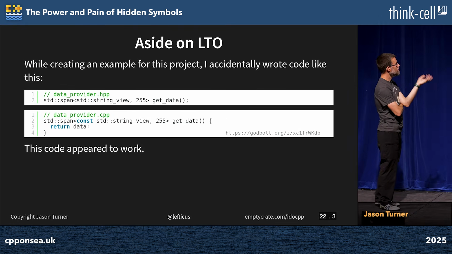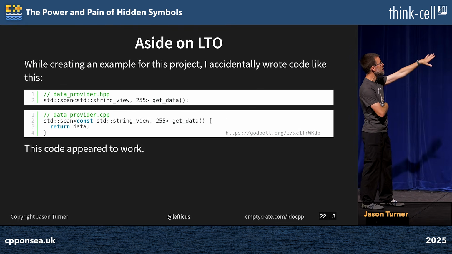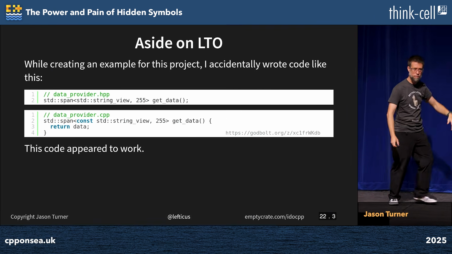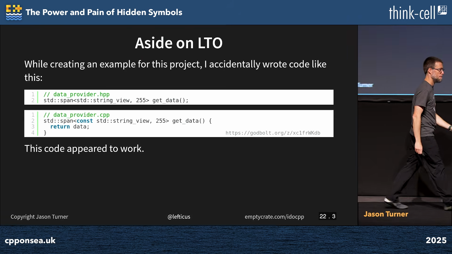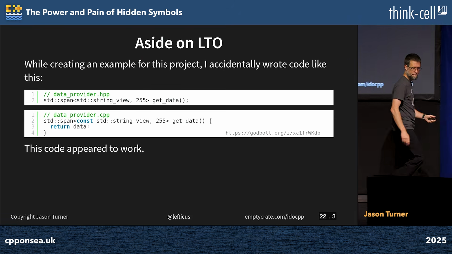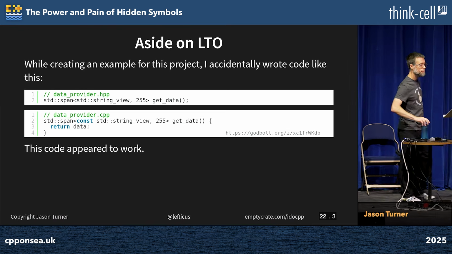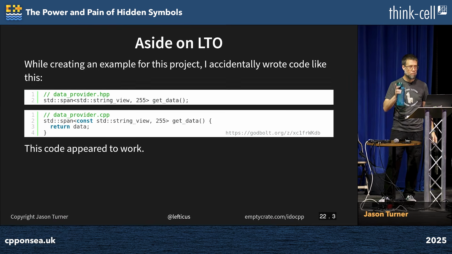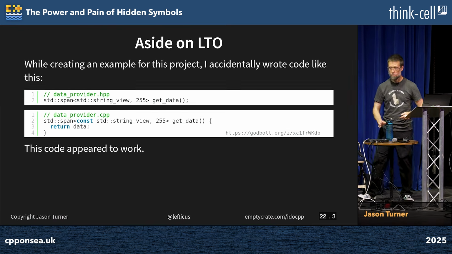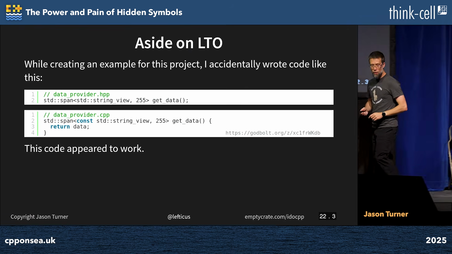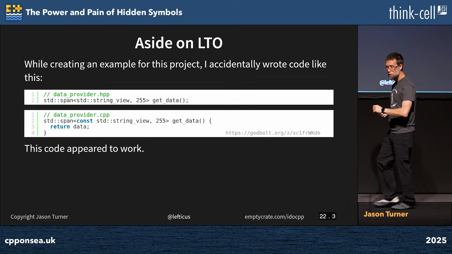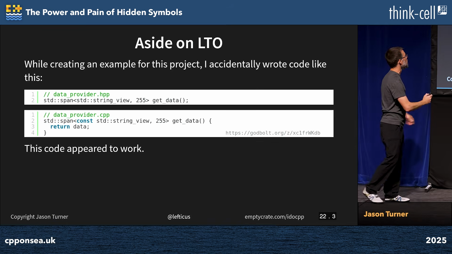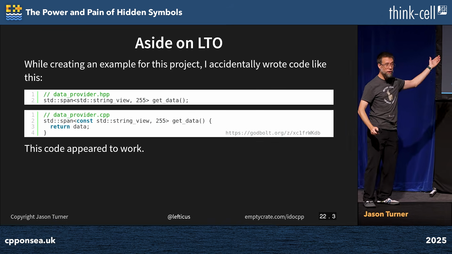I was attempting to prove some of the things for the sake of this talk, and I created this code. Do you see it? Yes, so I have a span over a non-const string view and a span over a const string view. My forward declaration is wrong. It worked.